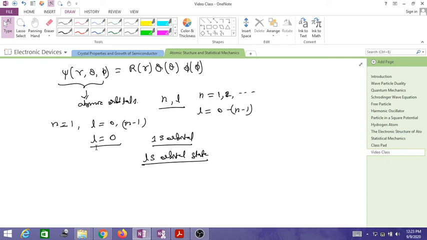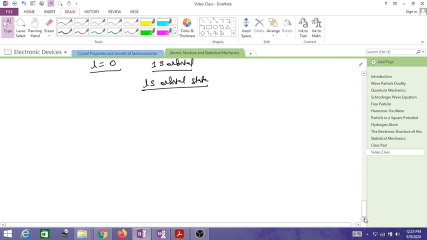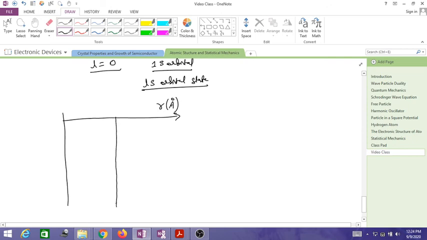Now we will see the result of the Schrodinger solution for the hydrogen atom. Let me write it like this. This axis represents the distance r, the radius of the electron. Let us take this as 0 radius, this is 5, this is 10, and so on.